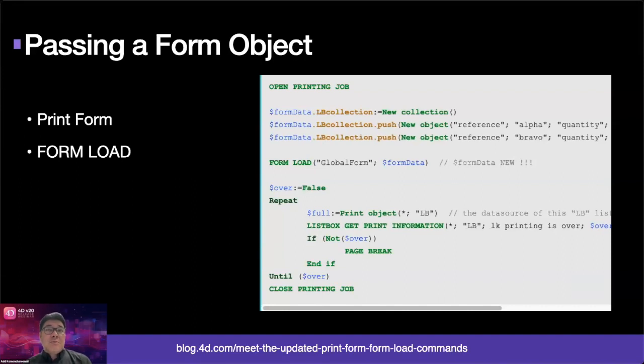Once the object is defined and passed into the form, you have the context available for any of your objects that you want to print, and you can bind them very easily. So this is an example of using the form data to print the list box inside of a print job that you want to print out.